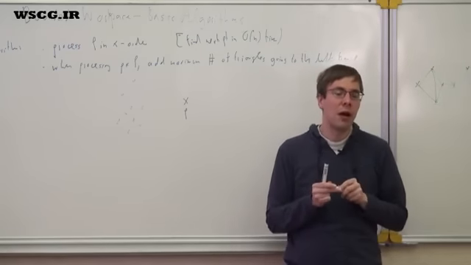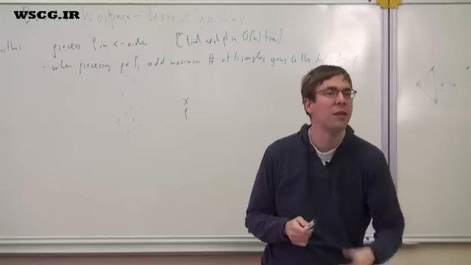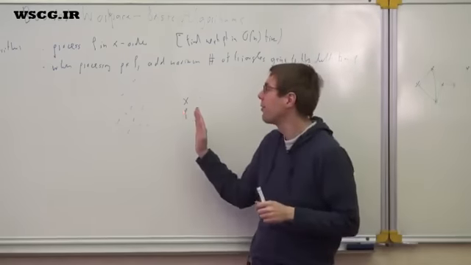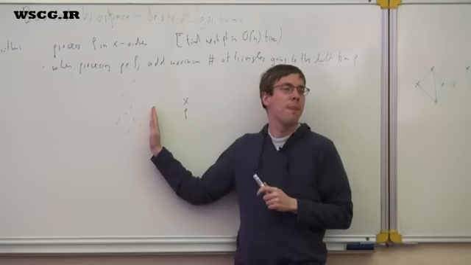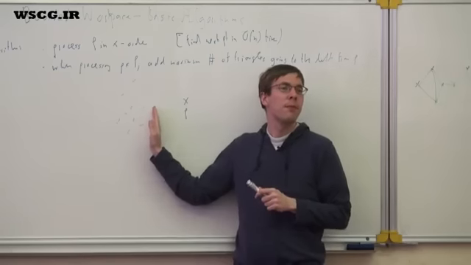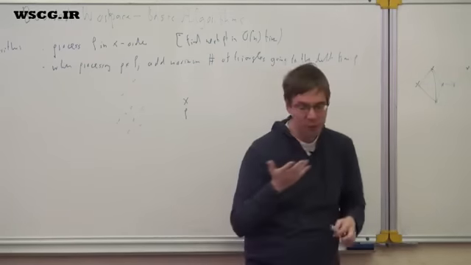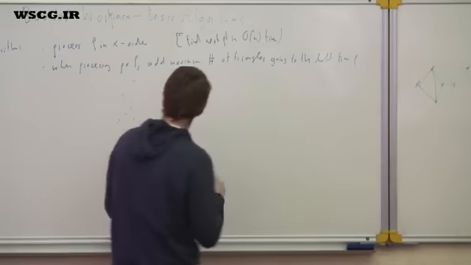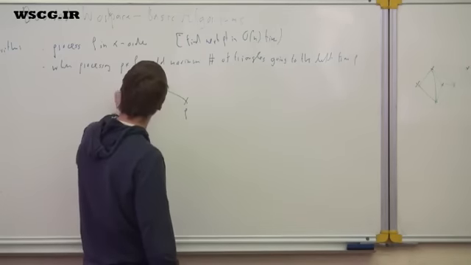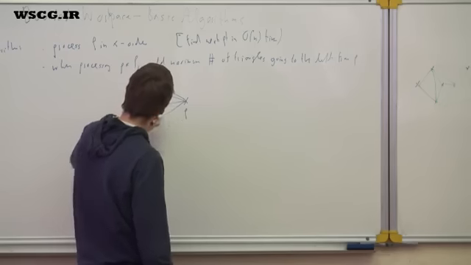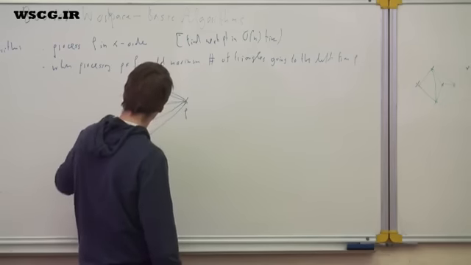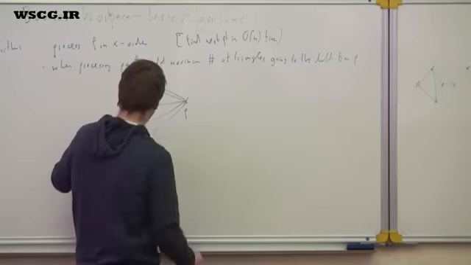How can I find these triangles? Where do they come from? These triangles would be this triangle, this triangle, this triangle, and this triangle.